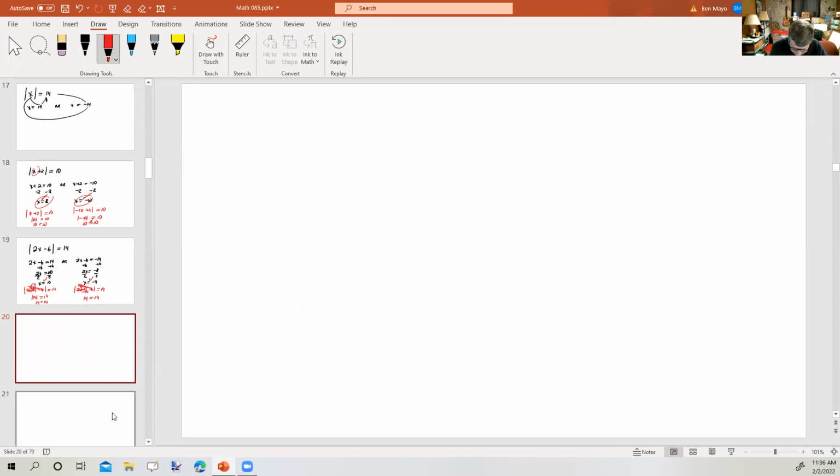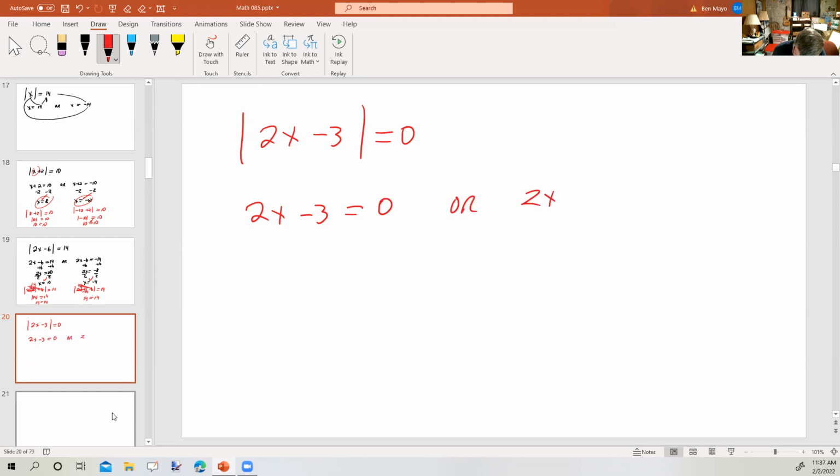What about this? What if we had the absolute value of 2x minus 3 equals 0? So instead of it being equal to a positive number, it's equal to 0. Well, that means that what's inside would have to equal 0, or what's inside would equal the opposite of 0.